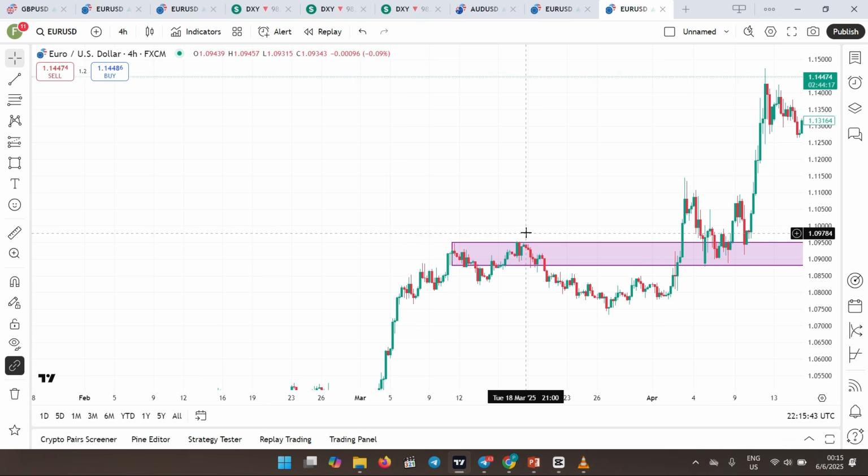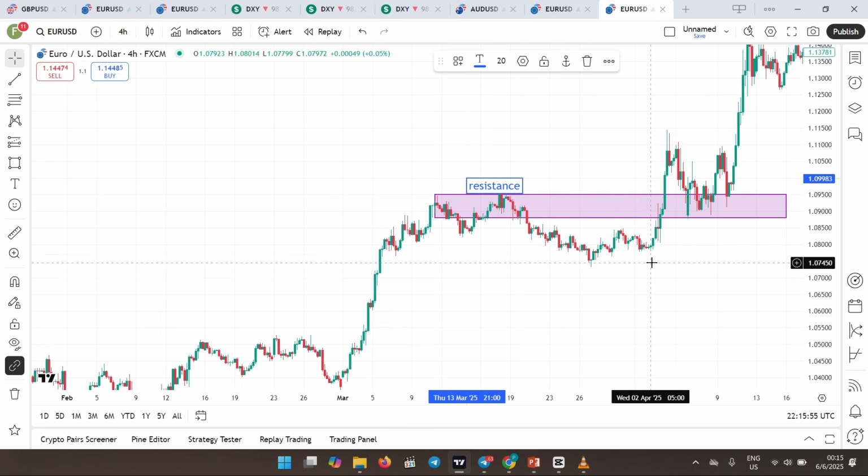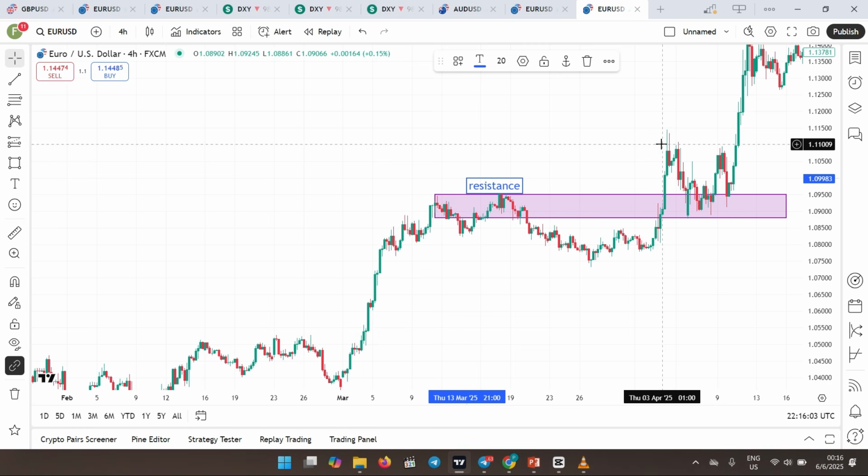And then we had, it was right here, it is a resistance, right? And what happens to that resistance? You can see that price gave you these very strong candles to reject it, right? When price gave you those very strong candles to reject it, you can see that these are what are called strength candles right here.